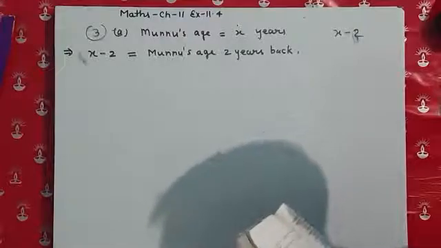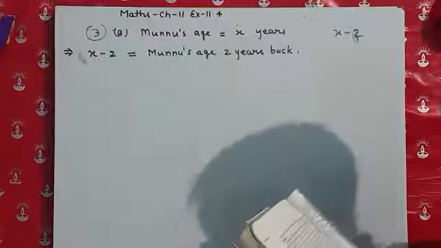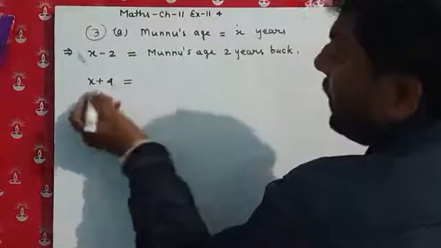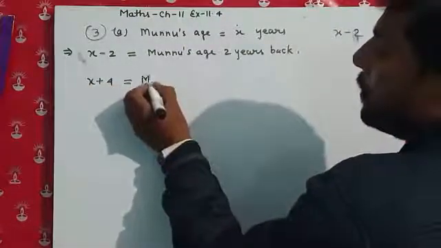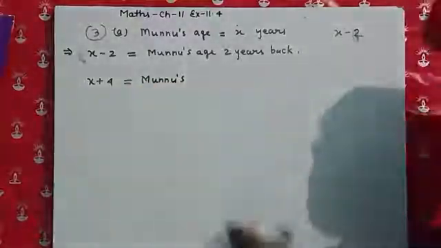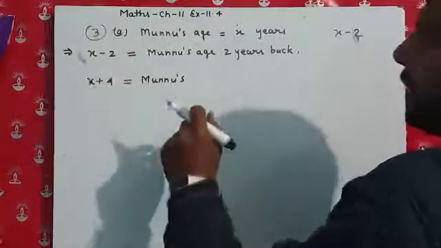Now can you guess what x plus 4 may show? So x plus 4 means it is added. That means we can take, suppose, that this is Munnu's elder brother.